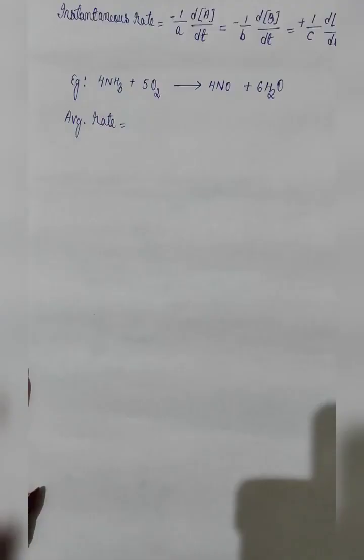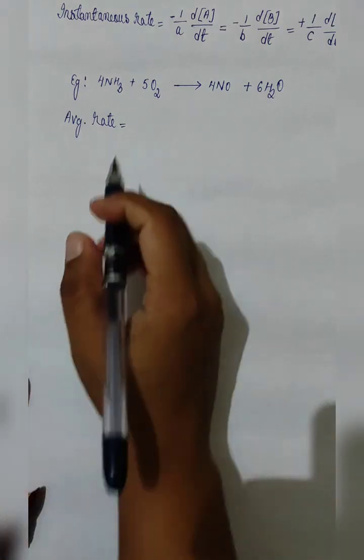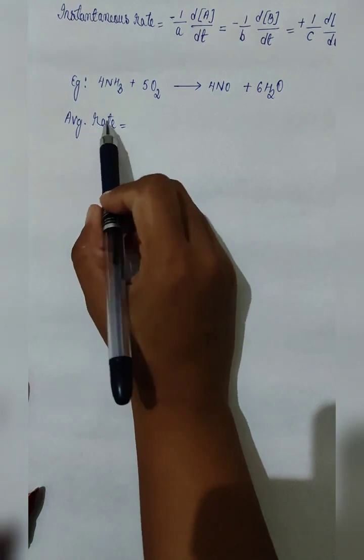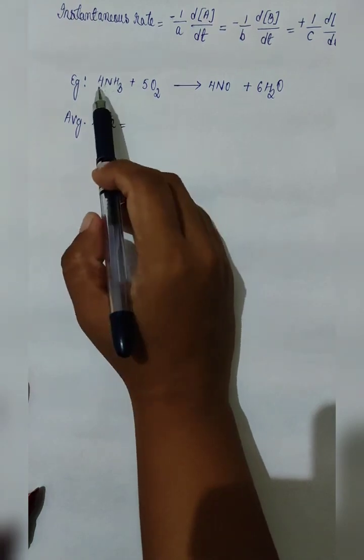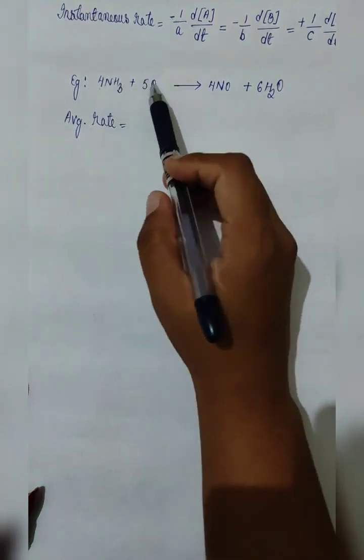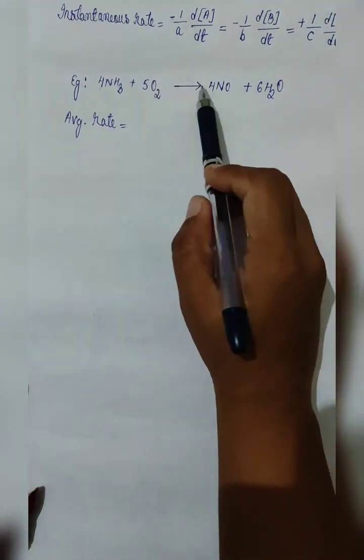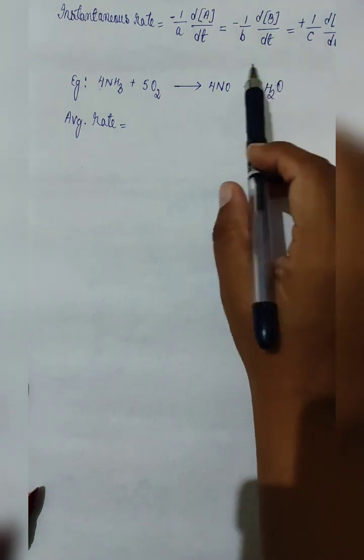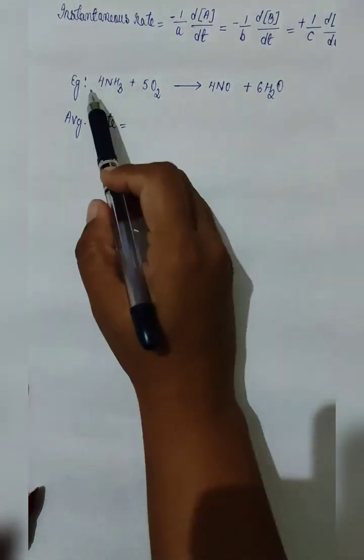Let us try to understand this in a better way with the help of an example. Here we have one reaction, and we have to write the average rate and instantaneous rate. 4 moles of ammonia react with 5 moles of oxygen, giving 4 moles of nitric oxide and 6 moles of water. We have these stoichiometric coefficients.